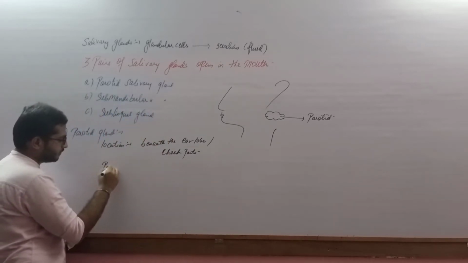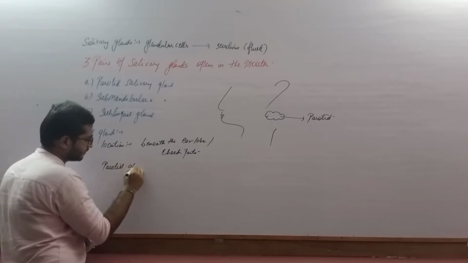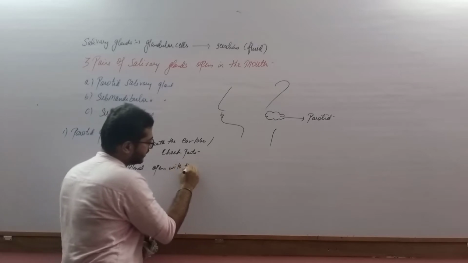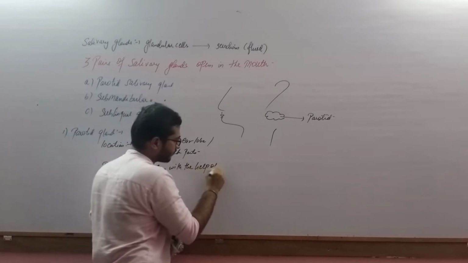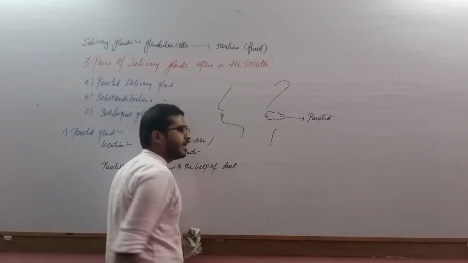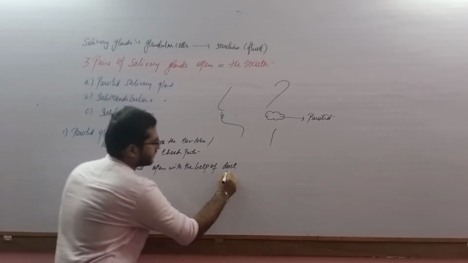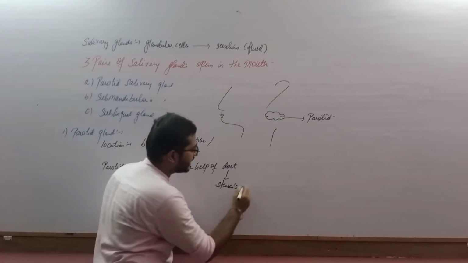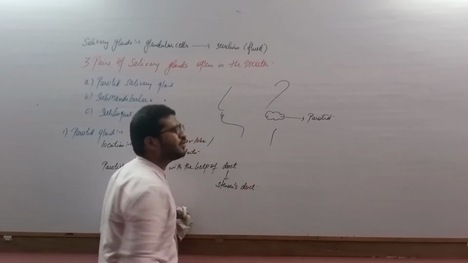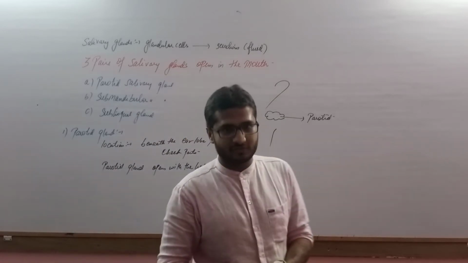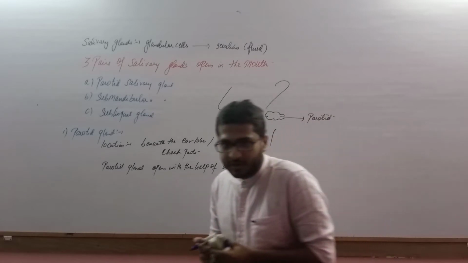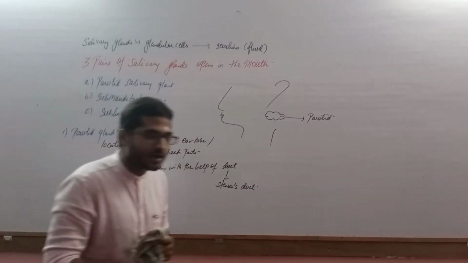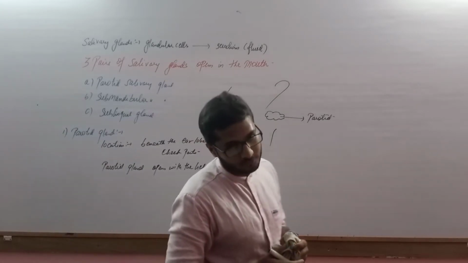So the parotid gland opens with the help of a duct, and the duct is Stenson's duct, S-T-E-N-S-E-N. Now where exactly does this duct open?